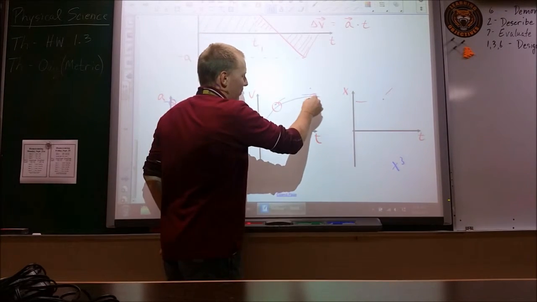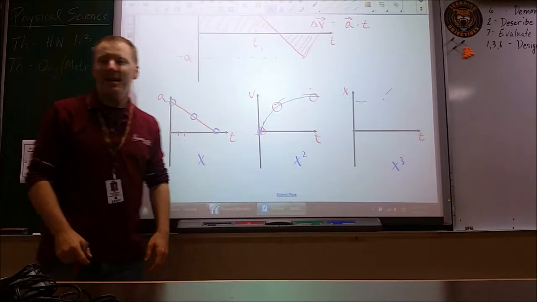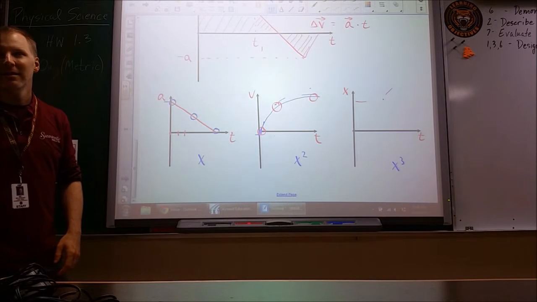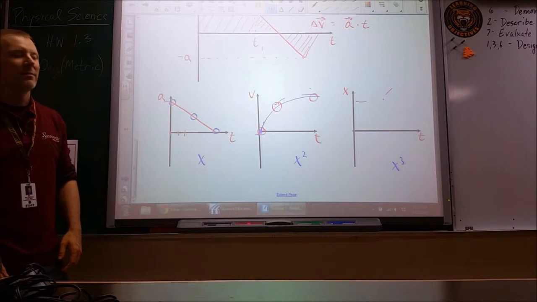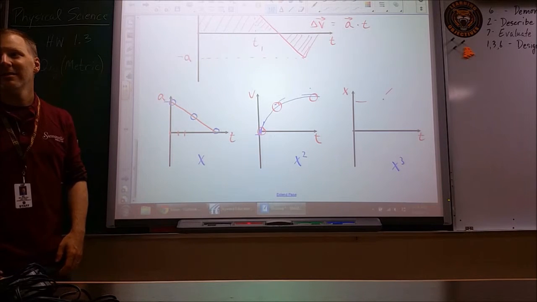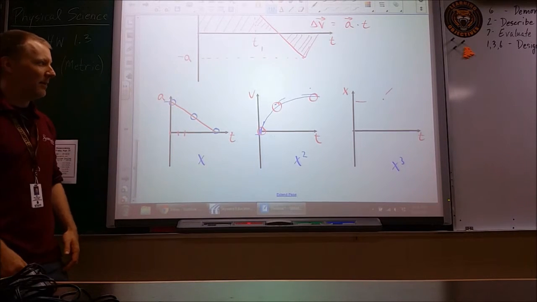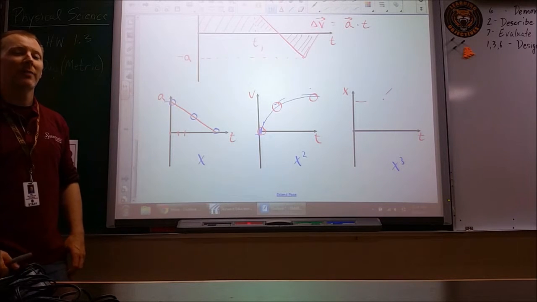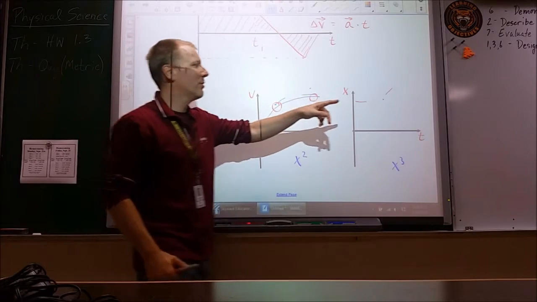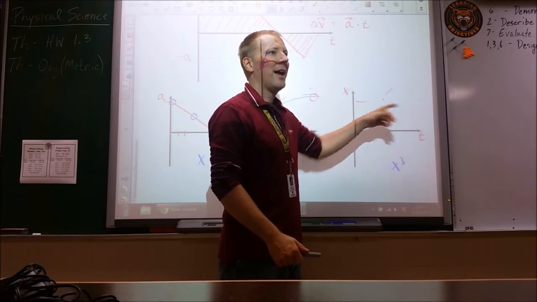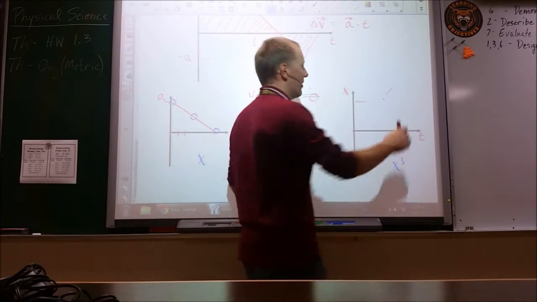What about my value of velocity here? It's at its maximum. Is it positive? Yep, it's a positive velocity. The value of the velocity is higher than any point before it. So my slope over here must be positive and higher than any point from before it.